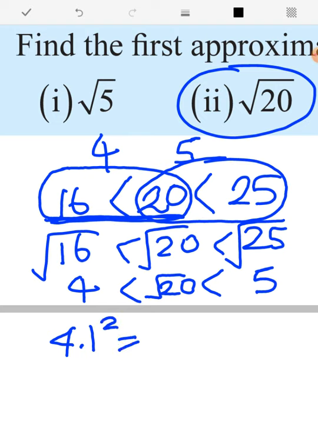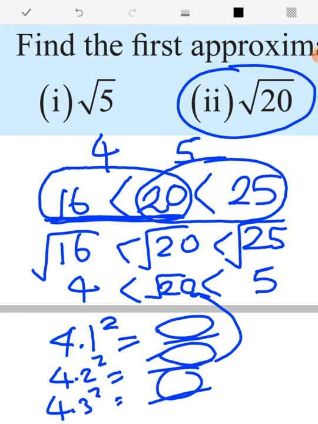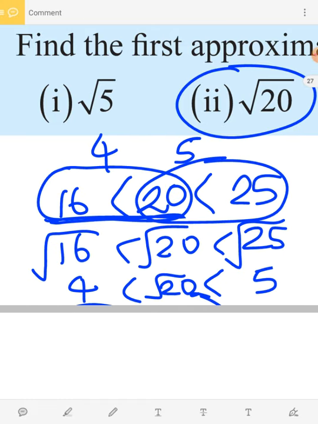You have to find 4.1 squared, 4.2 squared, 4.3 squared. Check, and if some value is very close to 20, pick that one and get the square root of it, and you would get the values. I just circled it. You have to find it. Maybe you have to go to 4.4 squared also. Hope this one is very clear to you all.